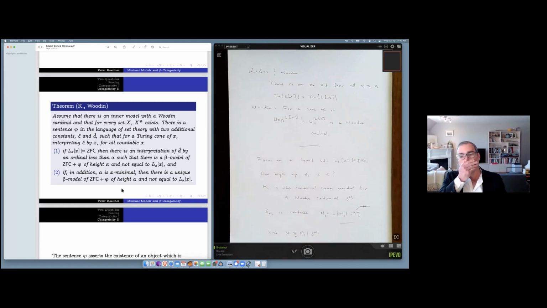Okay, and then when you do that, now we're in L alpha of X, alpha minimal, such that L alpha of X satisfies ZFC. Okay, so now we're in this context of L alpha of X, and we've got a canonical model for a Woodin cardinal. Now, we want to use that model, but we don't want to refer to it de re, because we want everything to be definable.